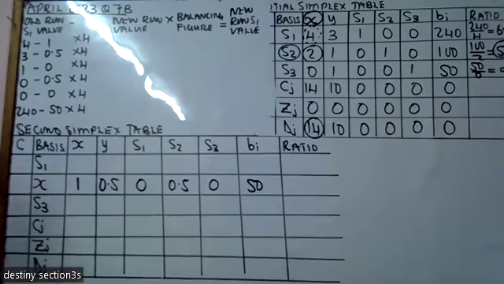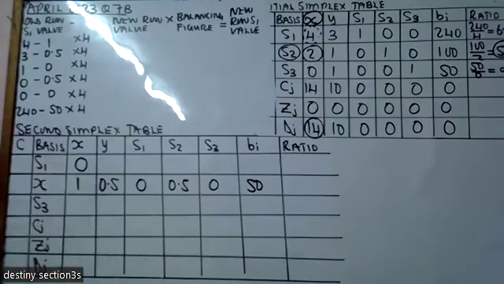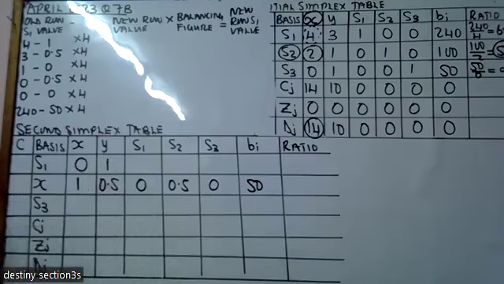Taking too long. Yeah, 0. So that 0 ndio ninaweka hapa. Tuende kwa hii ingine, 3 minus 0.5 times 4. That is 1. The next, 1 minus 0 times 4. That is also 1.